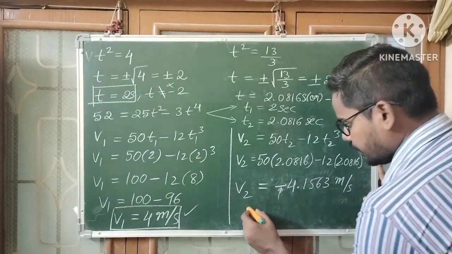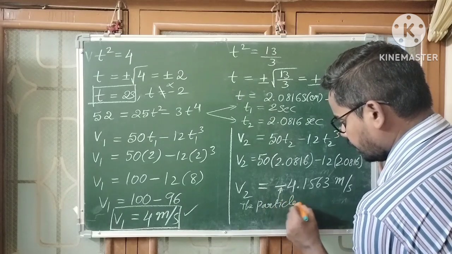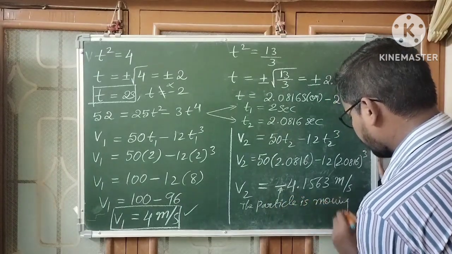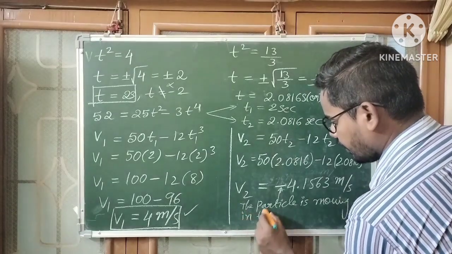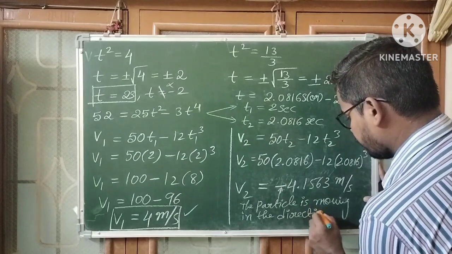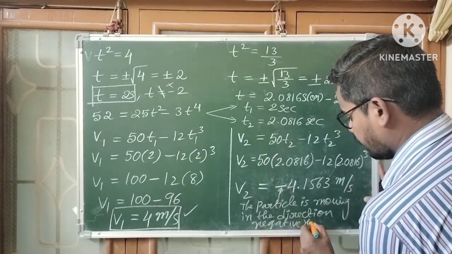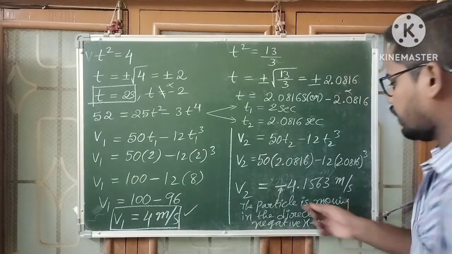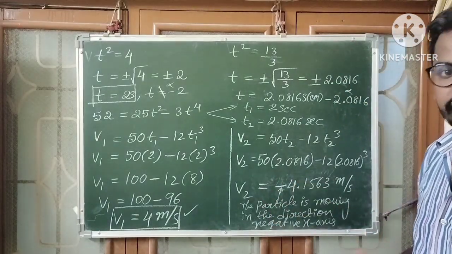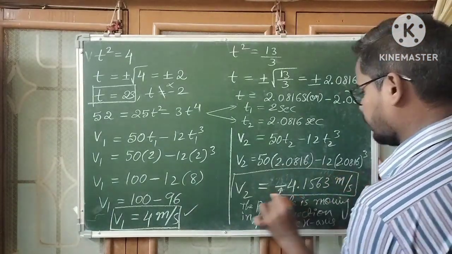Here the negative sign represents that the particle is moving in the direction of negative x-axis. So your negative sign tells us the particle is moving in the direction of negative x-axis. So these two are solutions to the given problem.